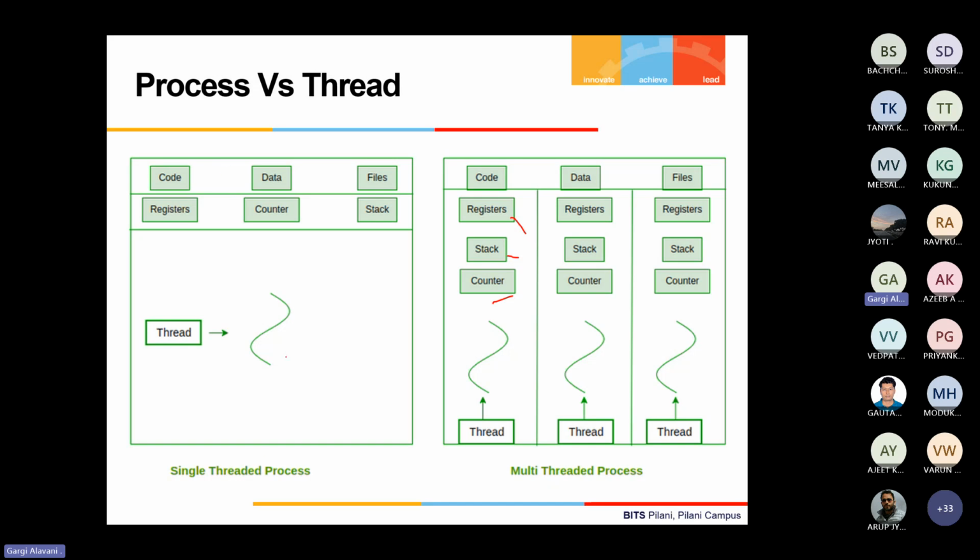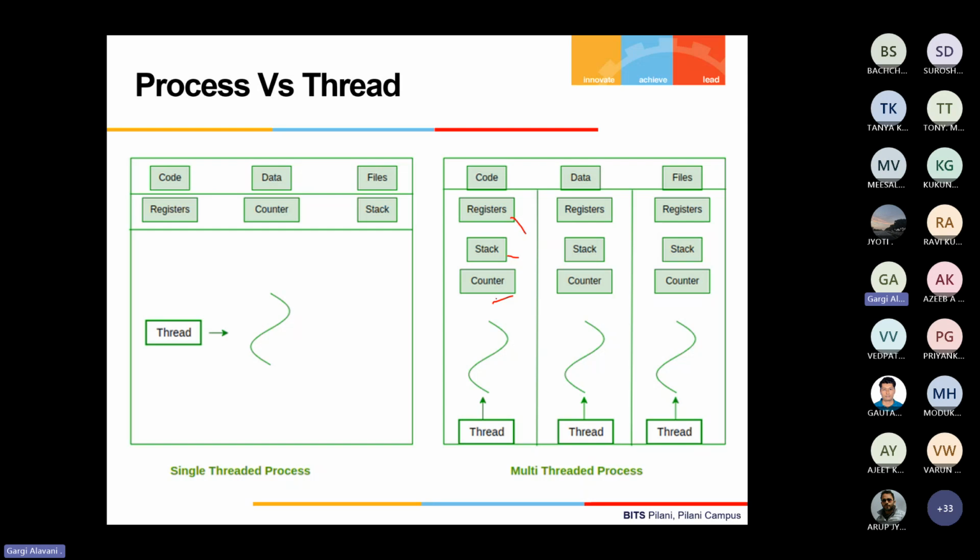So if it is a process which has only a single thread, it will share code, data, files, and it will have registers, counter, and stack because it is a single thread. But if we divide this single process into multiple threads, they will share the code, data, and files, and each will have some local memory to save other variables such as registers, stacks, and counter.